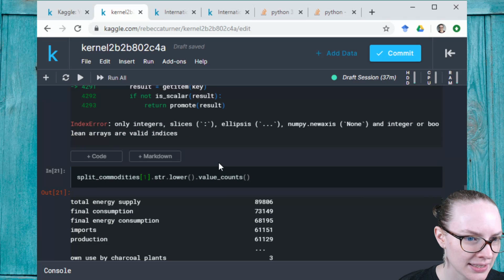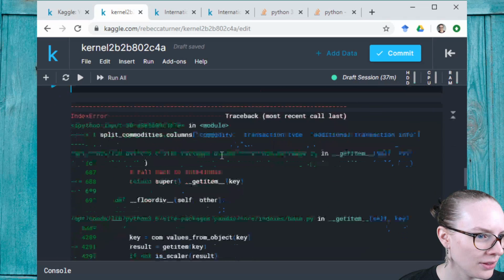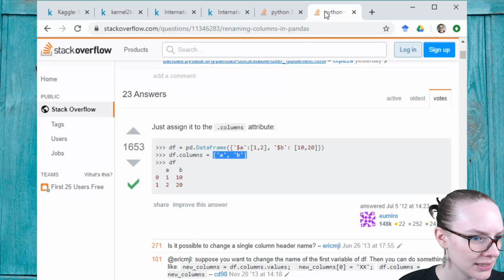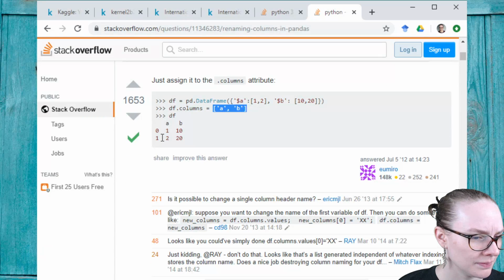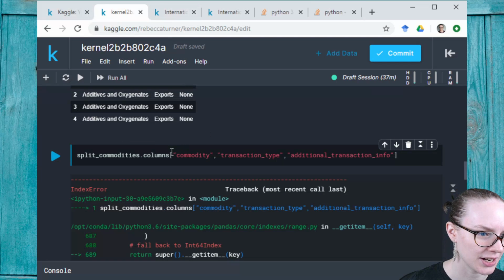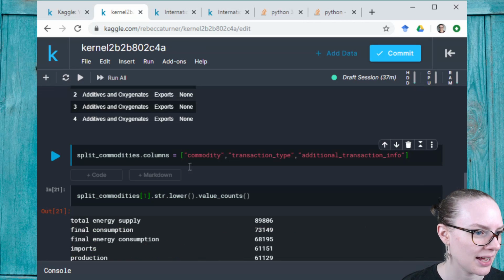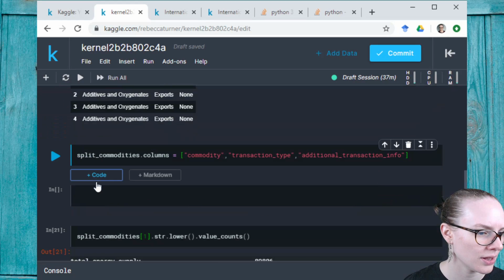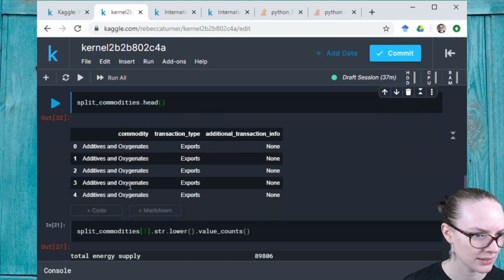Only integers, slices, and integers are valid indices. Oh, equals. Gotcha. It should be assignment. All right, and now if we do split commodities.head, it should look beautiful. Yeah, there we go. Okay.